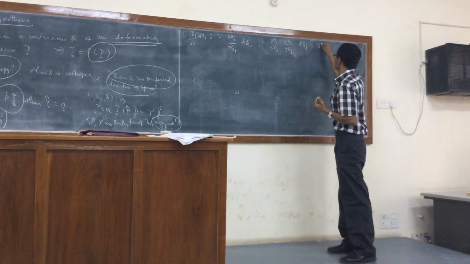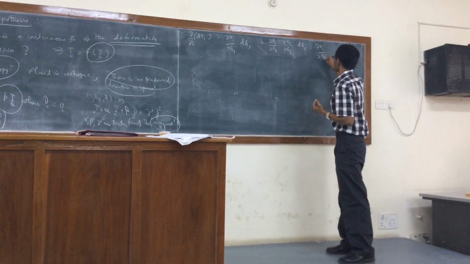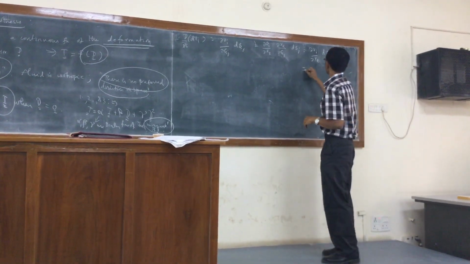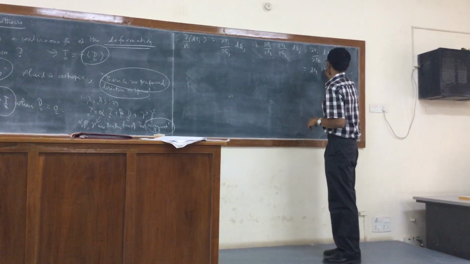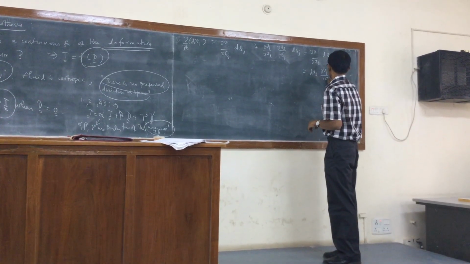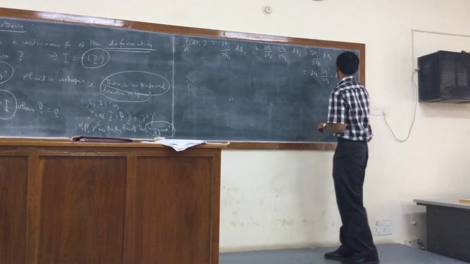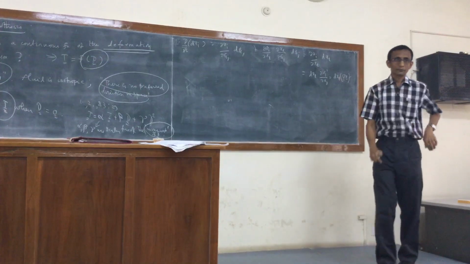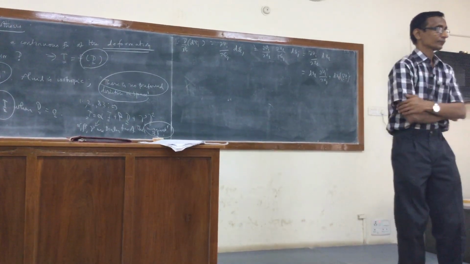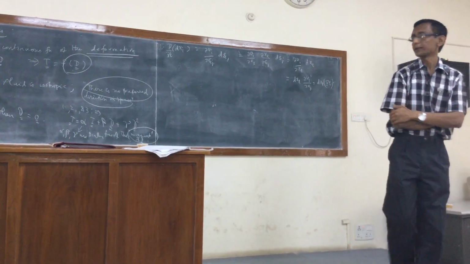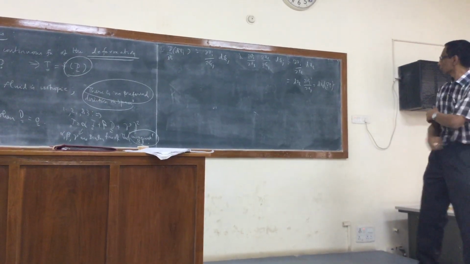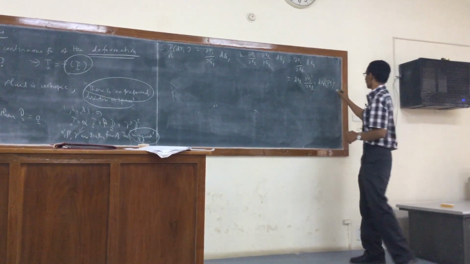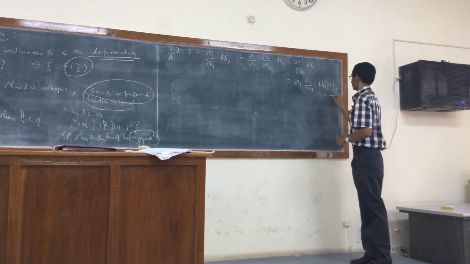Which can then be written as dvi by dxl times dxl, which can be written as dxl times the Li element of the velocity gradient tensor, dvi by dxl. What is this?